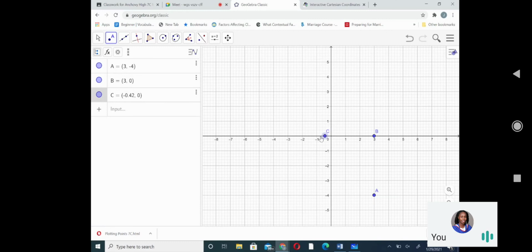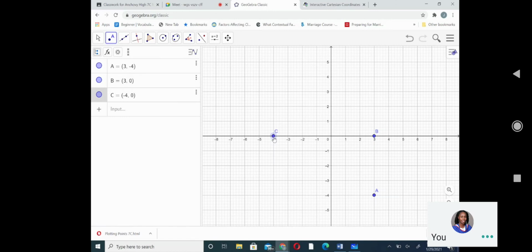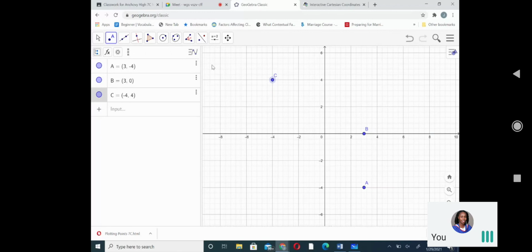So from our origin, we're going 4 units to the left. And then the +4 represents movement up on the y-axis. So from -4 on the x-axis, we will go +4 or up on the y-axis. And this gives our triangle.